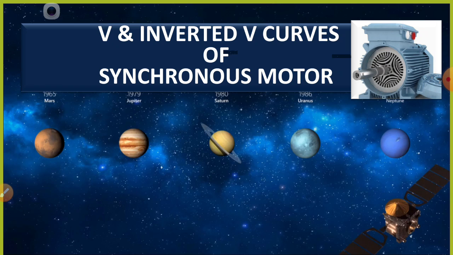So, last class we have seen about the synchronous motor basic principle and the constructions of synchronous motor. Already we have seen the synchronous motor under no load conditions, how armature current changes with DC excitation to the rotor.